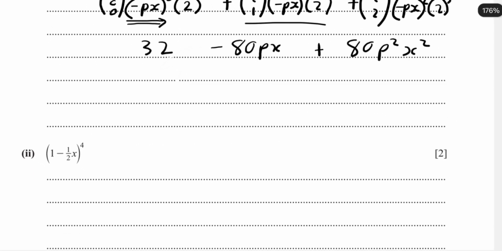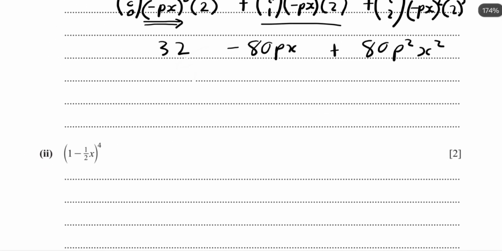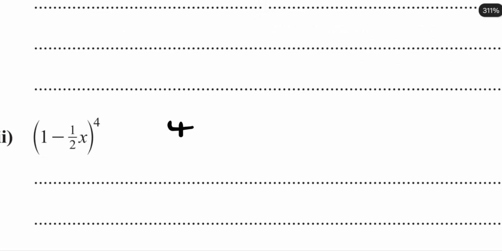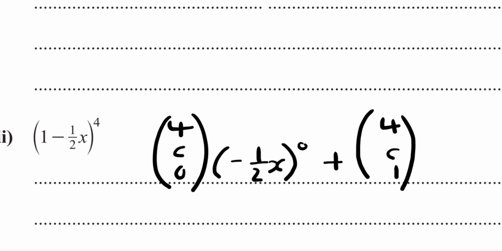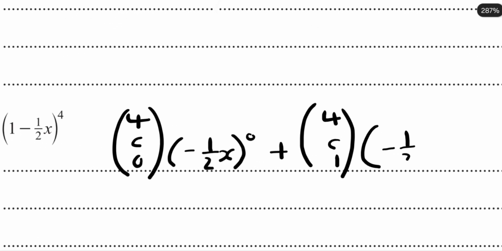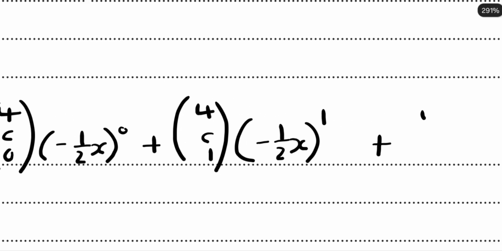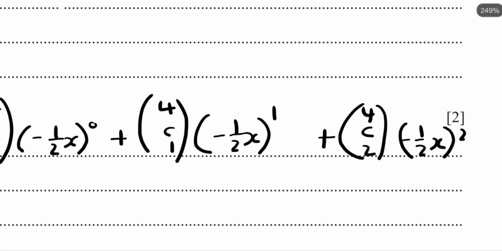And for the second part, we have (1 minus a half x) to the power 4, and we're going to do the same thing. 4 choose 0, minus a half x to the power 0, plus 4 choose 1, minus a half x to the power 1, plus 4 choose 2, minus a half x to the power 2, right?